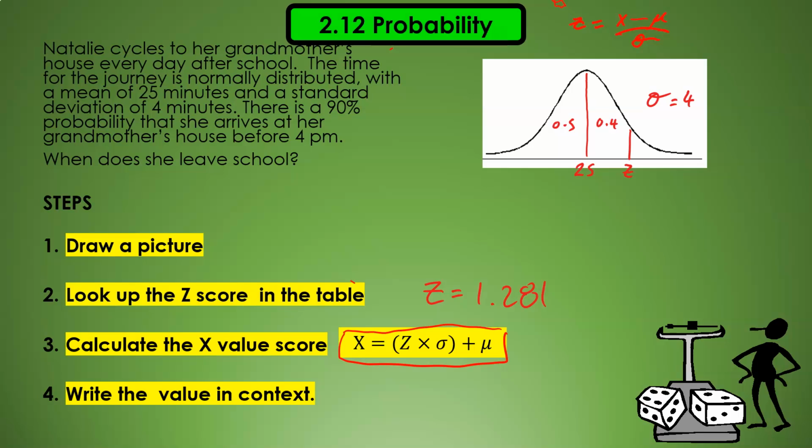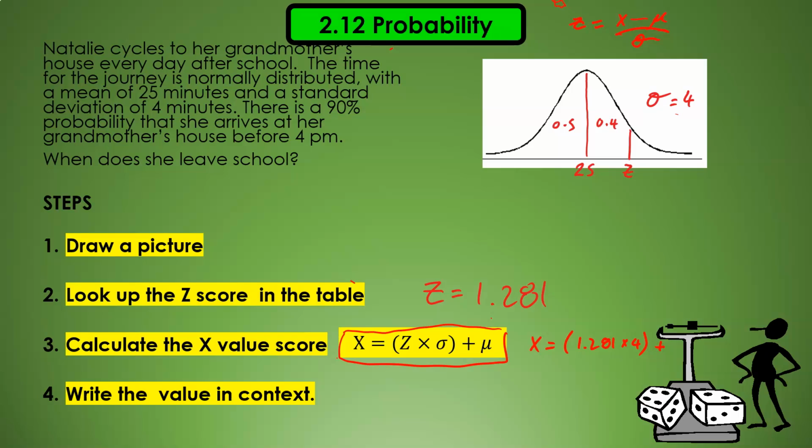So going back to the question, we've got this z value of 1.281, and we need to convert it to this x value. So x is going to be equal to, first of all, we have the z, which is 1.281. And then we're going to times that by 4, which is our standard deviation.